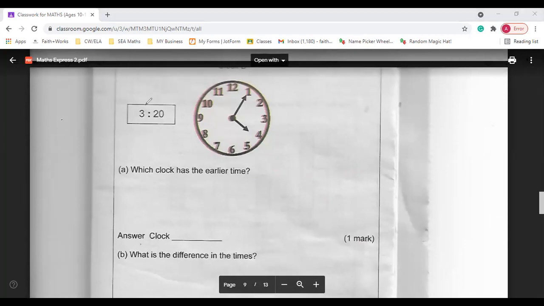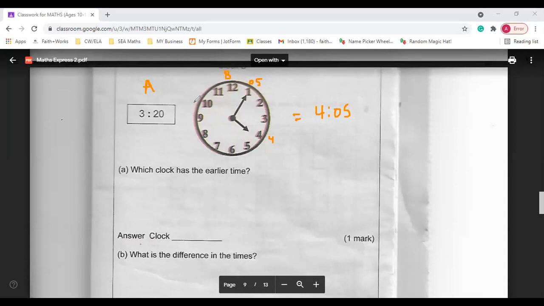So the digital clock says 3:20, and the analog clock, the minute hand is on 5 minutes, the hour hand is on 4. So that means it's 4:05. So the earlier time, oh, this is clock A. No, this is clock A and this is clock B, I think.